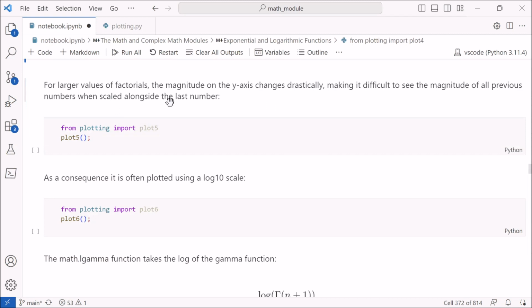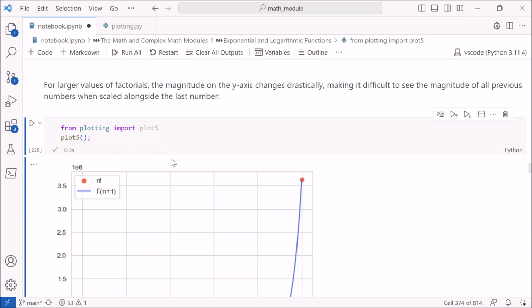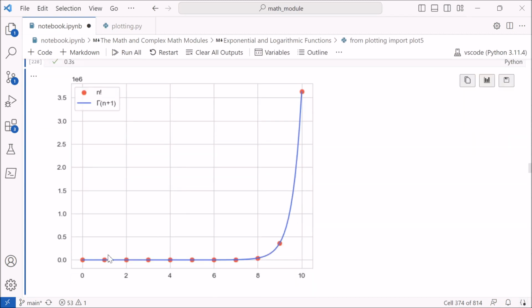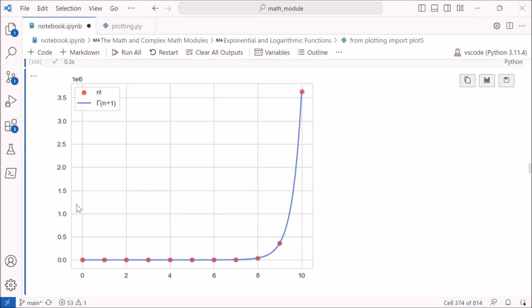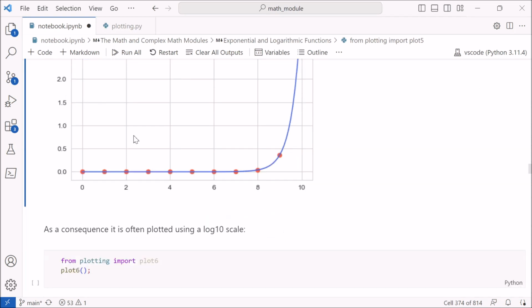So for large values of factorials, the magnitude of the y-axis will change drastically, making it difficult to see the magnitude of all previous numbers when scaled alongside the last number. So notice that these all look essentially like 0 now, just because this number is so big, 3.5 times 10 to the 6. So you can see the scale has changed rapidly.